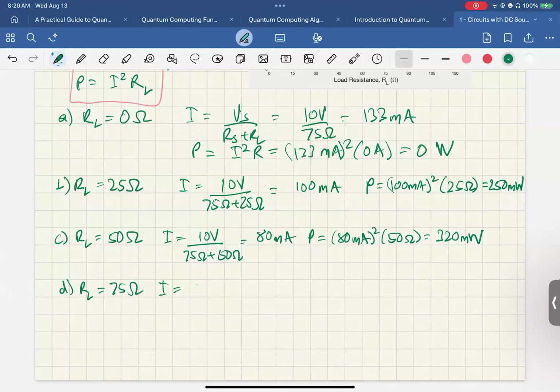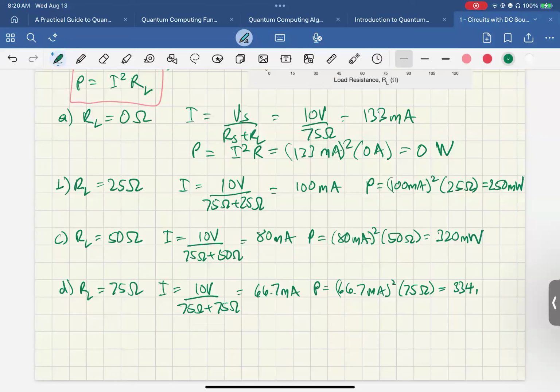So yung current is 10 volts divided by 75 ohms plus 75 ohms, equal ngayon to 66.7 milliamperes. And yung power is 66.7 milliamperes squared times 75 ohms. So this is equal to 334 milliwatts.